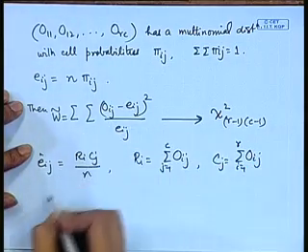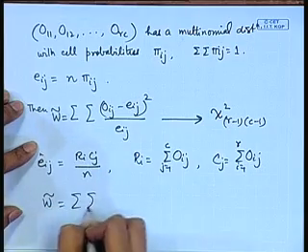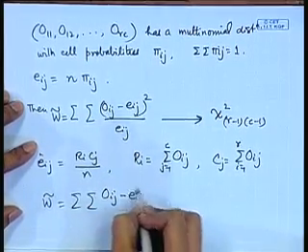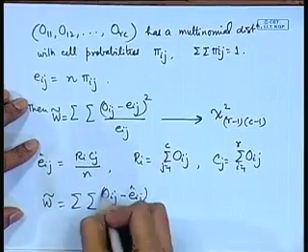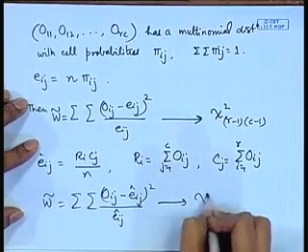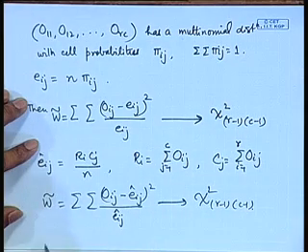So, if we make use of this, the summation of (Oij minus Eij hat) square by Eij hat will be asymptotically chi square on (r minus 1)(c minus 1) degrees of freedom.